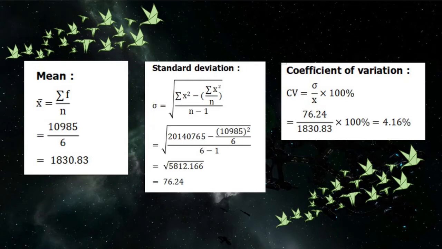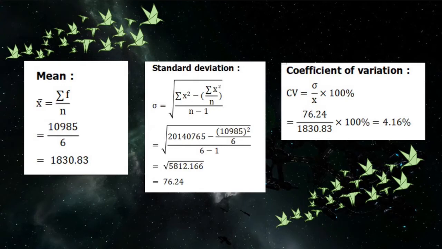To get the value of the mean, 10,985 as the total of frequency will be divided by 6, which is the number of the data, and we will get the answer 1,830.83.